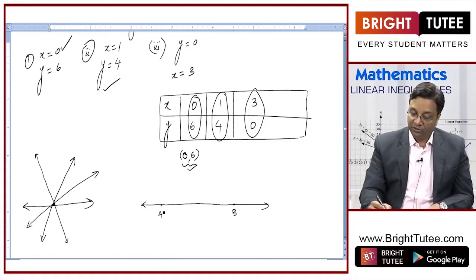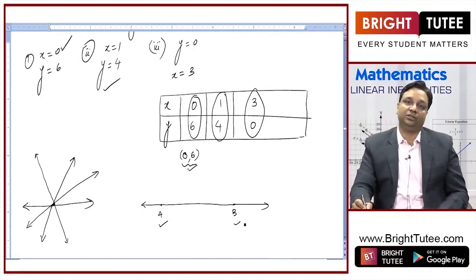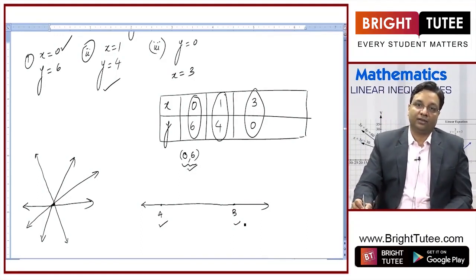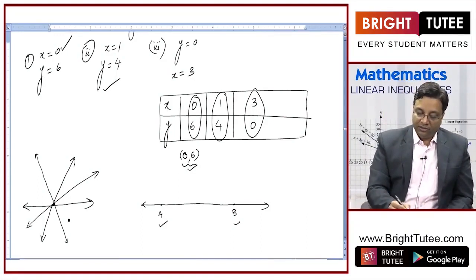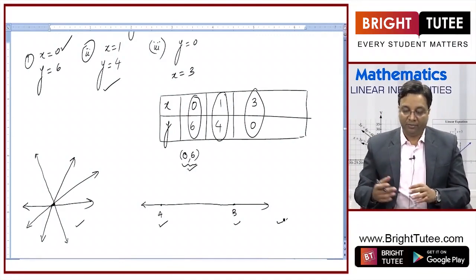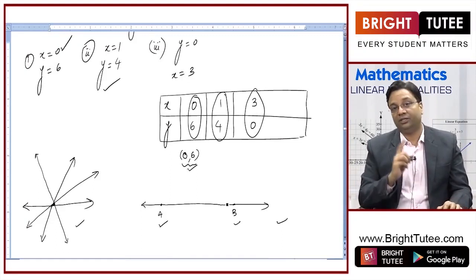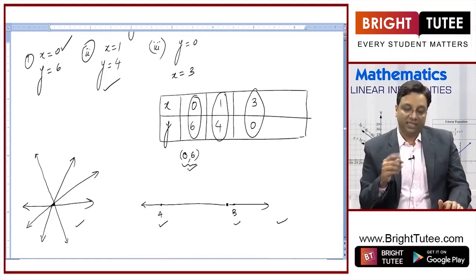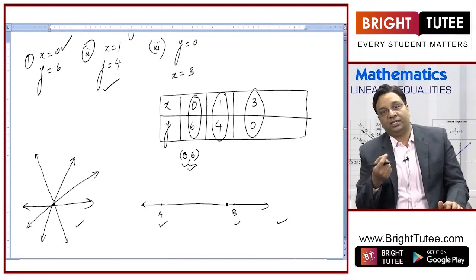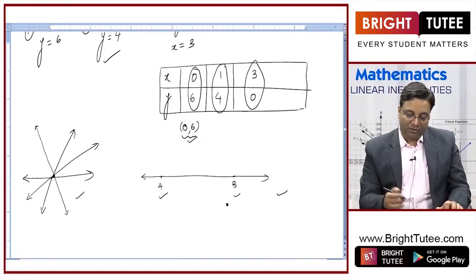So if you are given 2 points, there will be a unique line that passes through these points. These facts we have to keep in mind while progressing with this chapter: if you are given 2 points, there will be a unique line passing through these 2 points, and if there is only 1 point, an infinite number of lines can pass through this point. What do I mean by that?